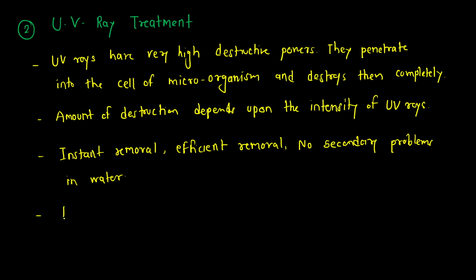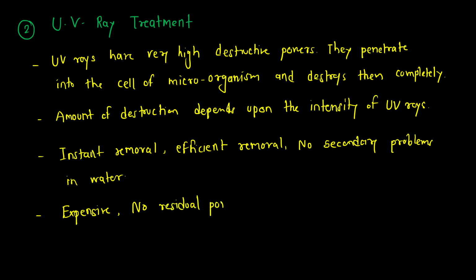Among the disadvantages, there are two main disadvantages. The first one is that this method is expensive because we have to produce these UV rays, and there is one equipment with the help of which the UV rays are generated. So for preparation of those UV rays, it is an expensive method. And the second disadvantage is that it has no residual power.